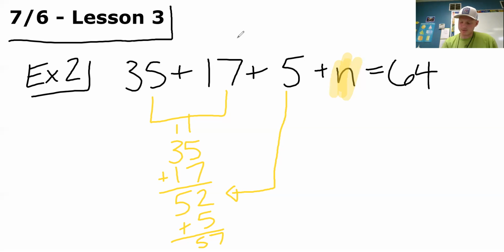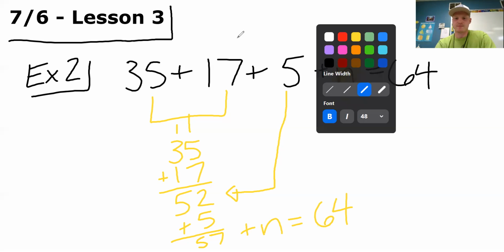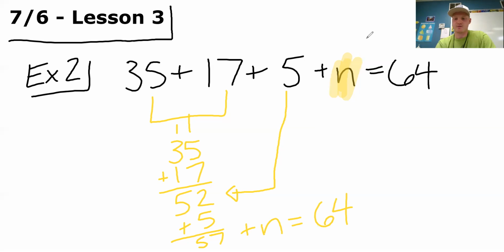Oh, the example in your book has 36 instead of 35, so that's okay. So 57 plus N equals 64. From here, this is the same problem as example 1. Step number 2, we just rearrange the problem: 64 minus 57 equals N.